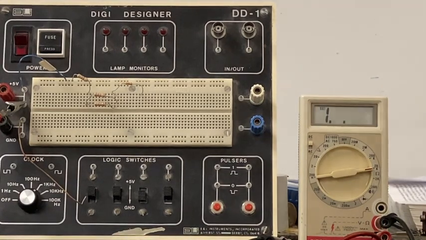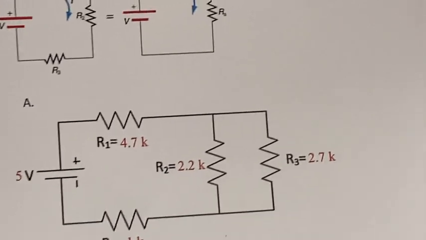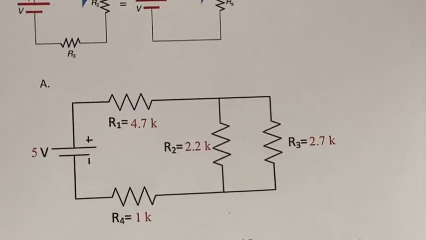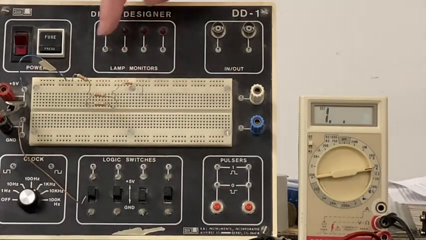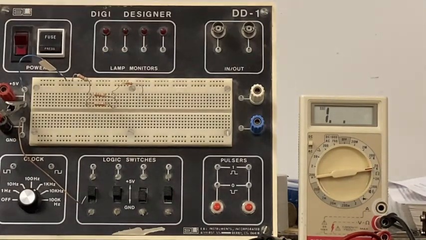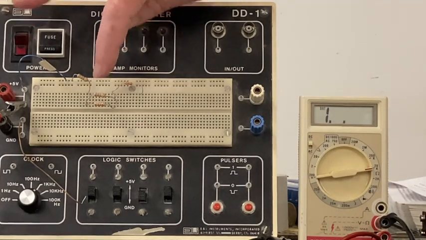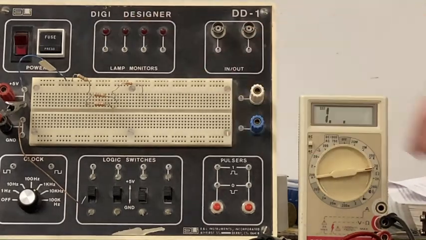All right, I've now set up the first circuit, again, using this circuit. And what I've done is hooked it up on this breadboard with the 4.7K in parallel with the 2.2 and 2.7, and then that connected to that.